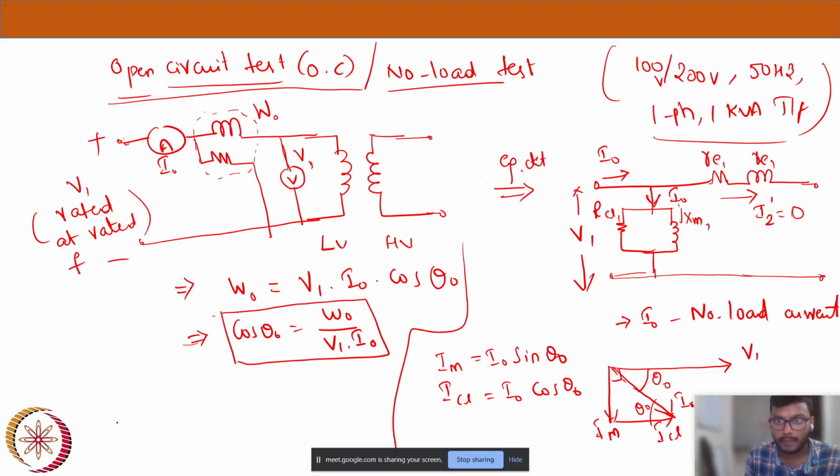Now what other parameters do we have? Here RCL and XM.